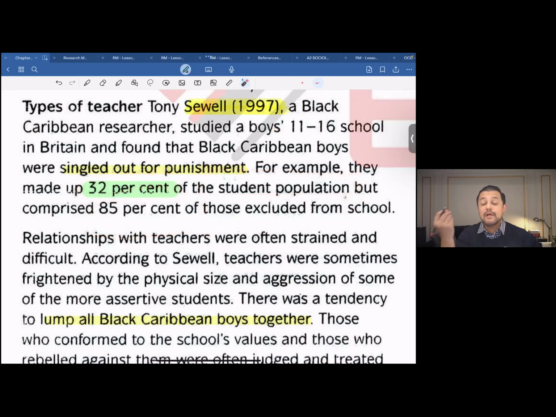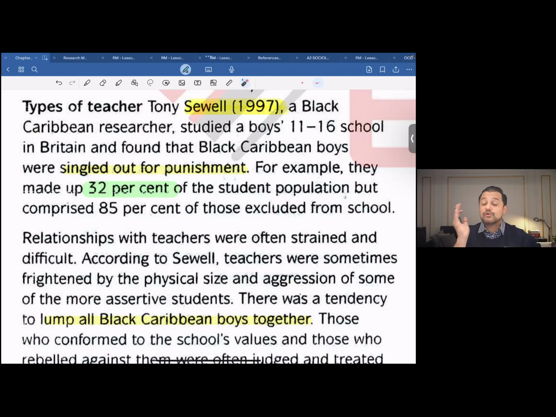It's pretty simple. If there are 32% students from a particular social group, a particular ethnic origin, the amount of students that would get expelled should pretty much be in line. So if there are 32% of Black Caribbean boys, something ranging between 30 to 40% of students would be expelled.